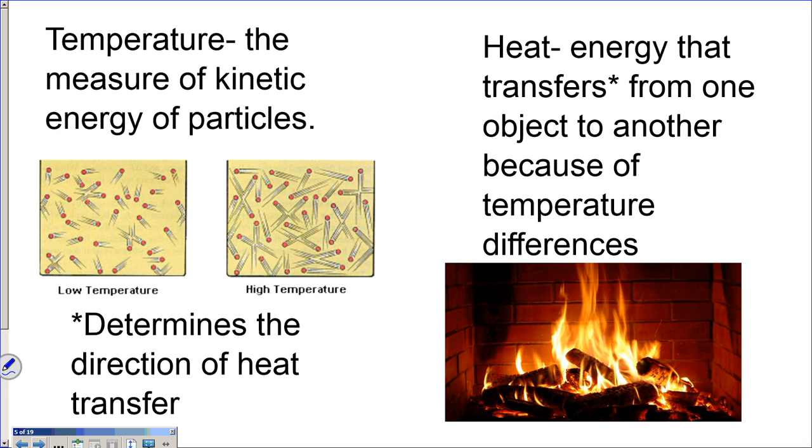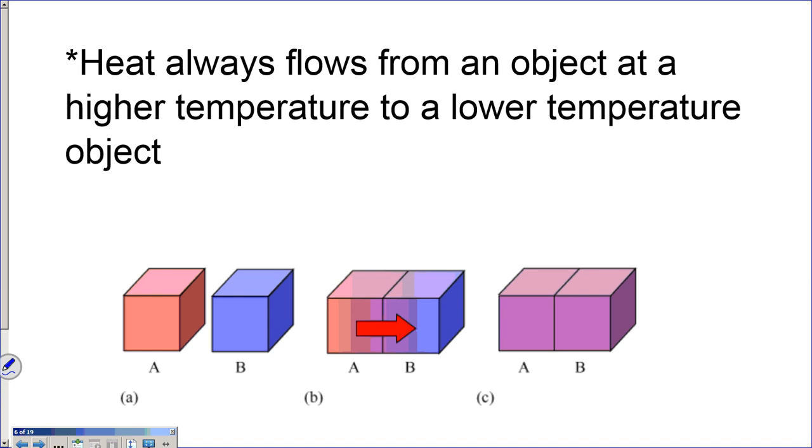It's only when there's a difference between the two temperatures. And then you have to know where the heat is going to flow. So heat is always going to flow from an object at a higher temperature into an object at a lower temperature.